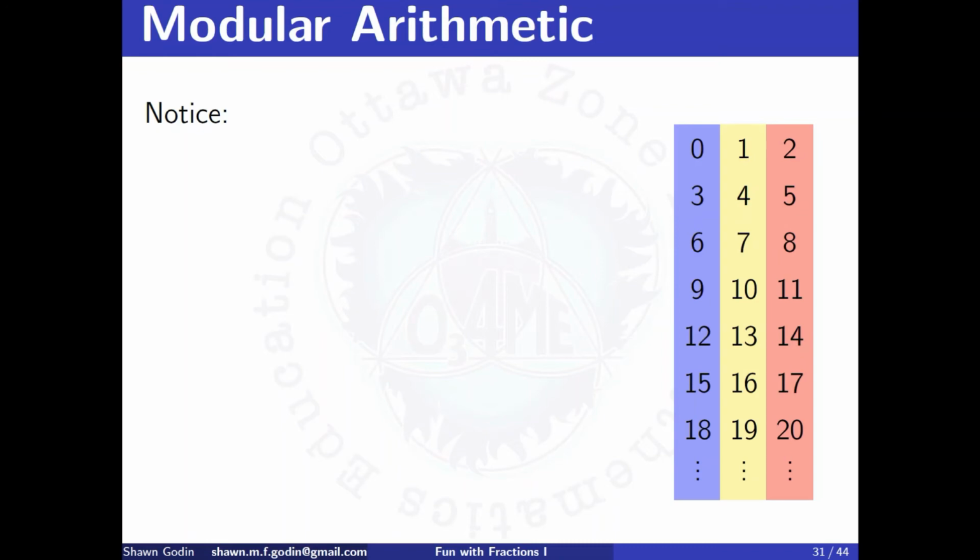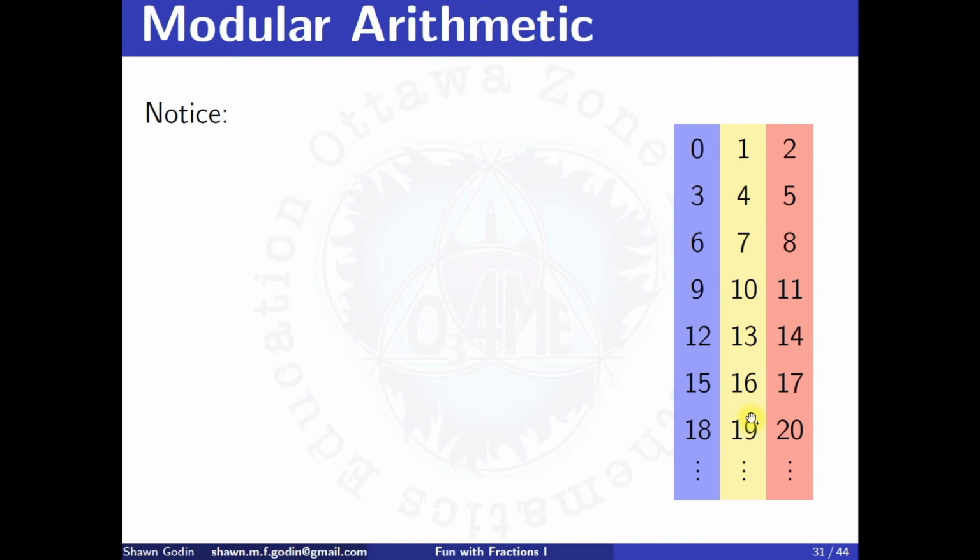Now, a useful way to picture modular arithmetic when we're working with a certain modulus is to line the numbers up like this. So if I'm looking modulo 3, if I write the numbers out 0, 1, 2, 3, 4, 5, 6, 7, 8, you'll notice that in this column are all the multiples of 3, which are congruent to 0 mod 3.